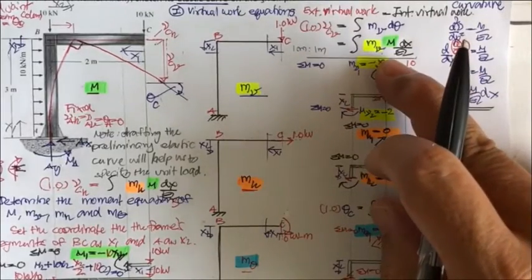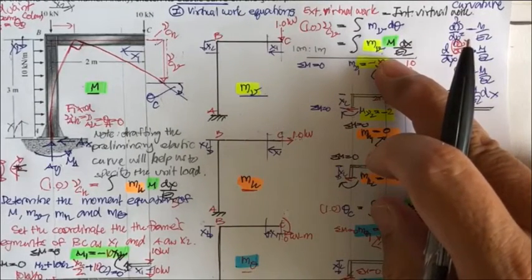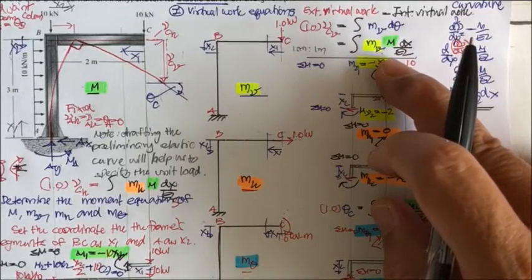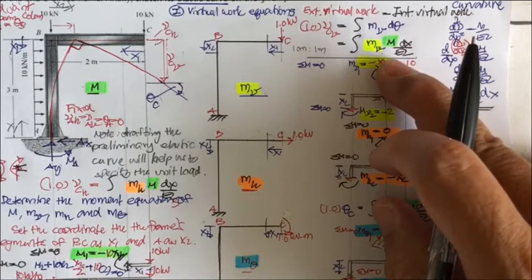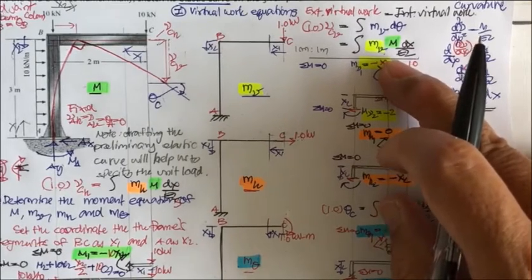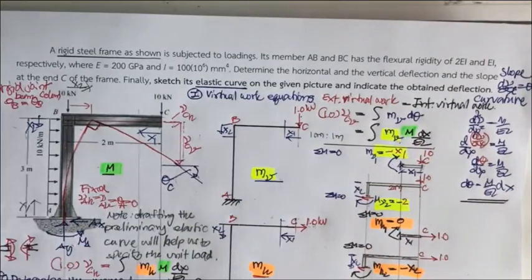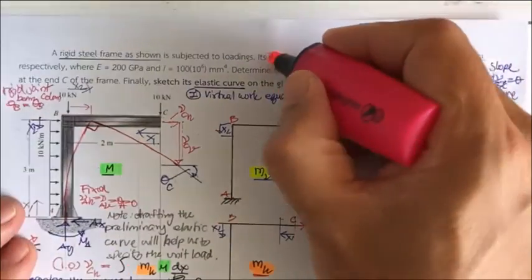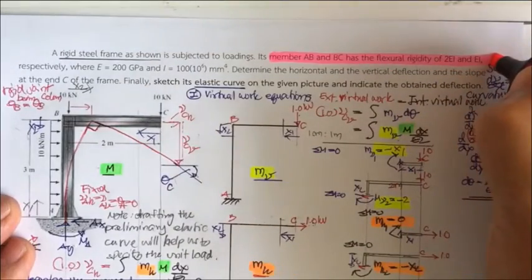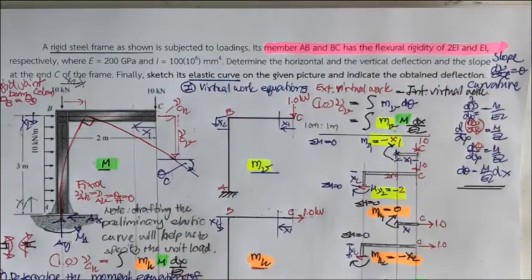So the first one, we put the green and the yellow, and then we gonna integrate it. And you should observe that the problem said the beam has different flexural rigidity.